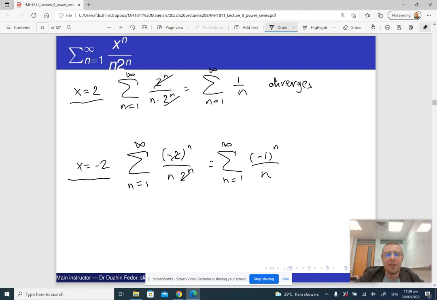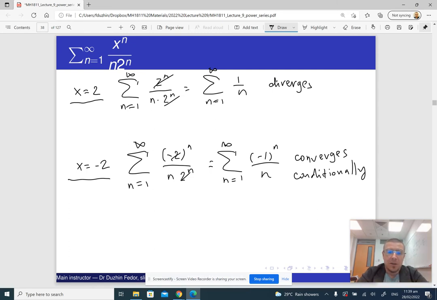And this is the alternating harmonic series that we already know, and we know that it converges conditionally. It probably doesn't matter that it converges conditionally rather than absolutely, but it's a good thing to remember that the alternating harmonic series converges conditionally.